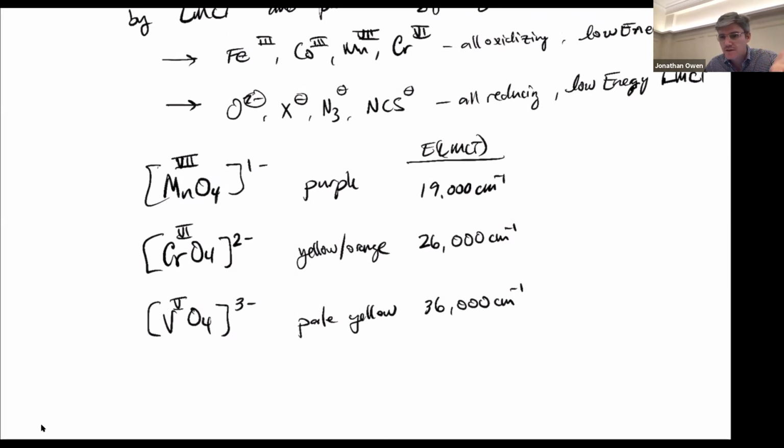And the +7 metal center is going to be more oxidizing. You're also going from right to left in the periodic table. And so the elements toward the right are more electronegative. So you have a more electronegative manganese ion with a higher charge state. And so that's a metal that's going to be more easily reduced. And you can see that in the energy of the LMCT transition. It only takes 19,000 wave numbers to excite an electron from an oxide ligand anion to a manganese center, versus 36 for vanadium.